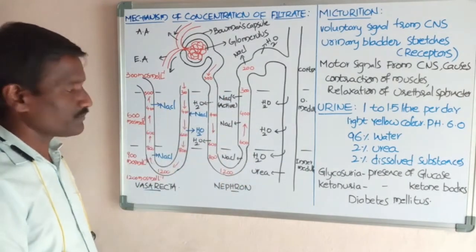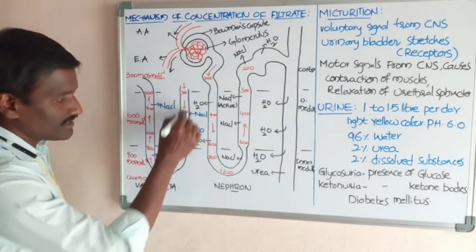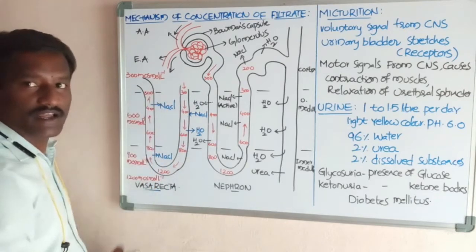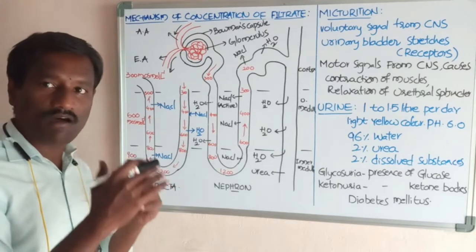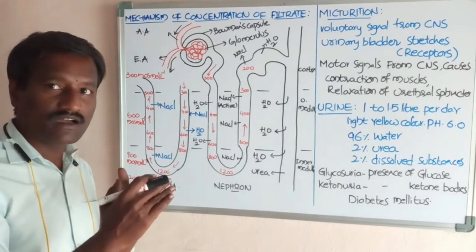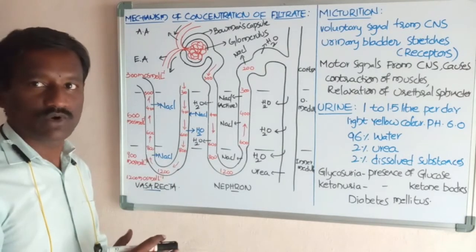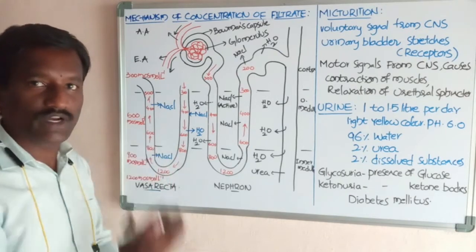This is the descending limb, this is the ascending limb, but it flows blood, not urine. Vasa recta flows the blood, loop of Henle flows the urine.